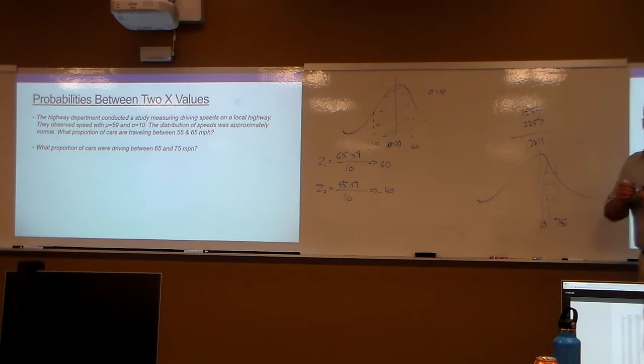Now we're going to have to figure out z-scores for 65 and z-scores for 75, and it's not centered on the middle of the distribution. What are we going to need to do there? Subtract, right? So we can get 65 in the tail, and then find 75 in the tail, and that's going to give us what's left over here, right?